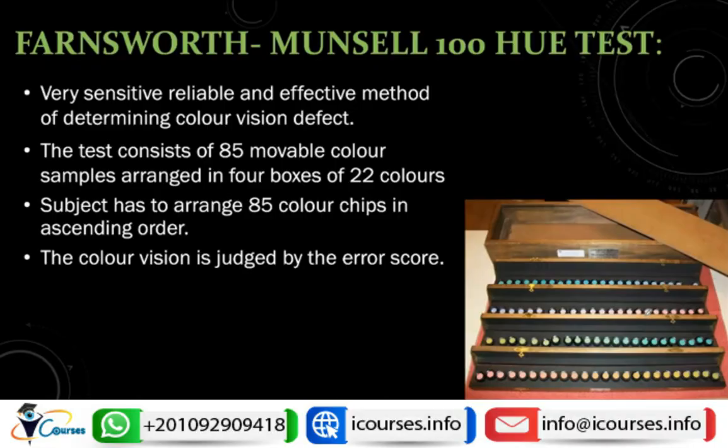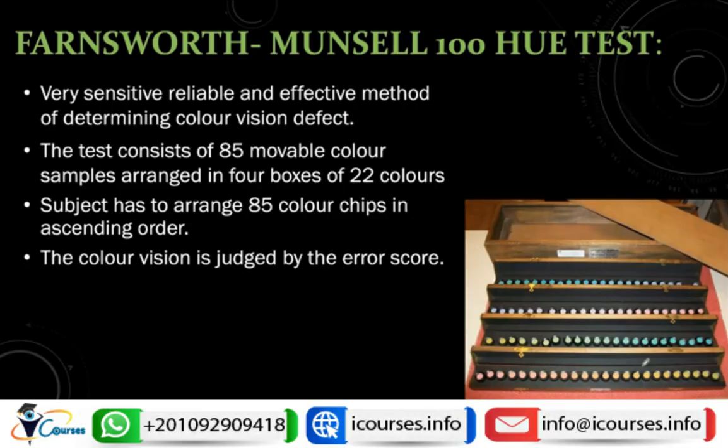The Farnsworth-Munsell 100 hue test is a more effective and more accurate test, in which the patient is presented with four racks like this. Every rack has about 85 color chips.